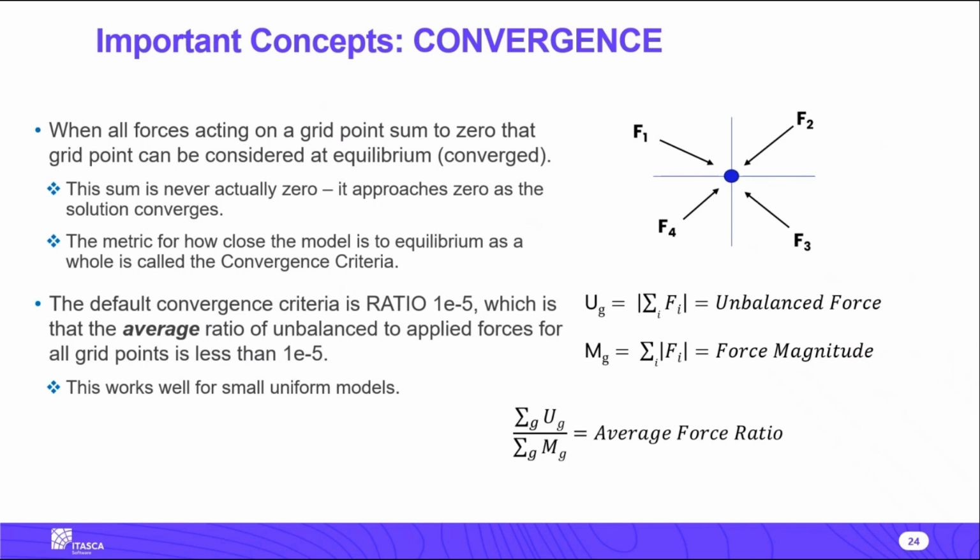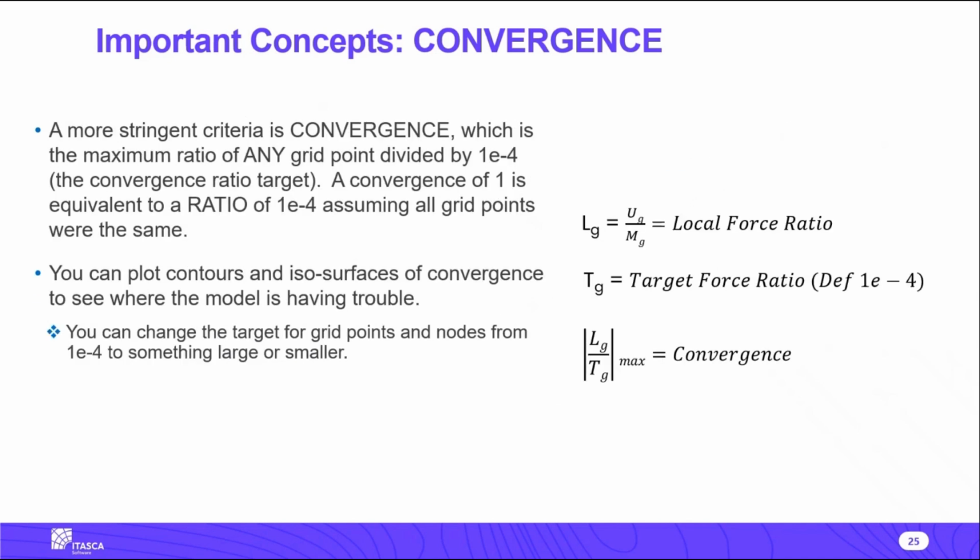The problem is that you often have maybe little small parts of the model that are still not solved. But because on average the whole model is solved, it stops running. So the slightly more accurate way to do it is to use this convergence. Instead of this being a global criterion, it's more local.